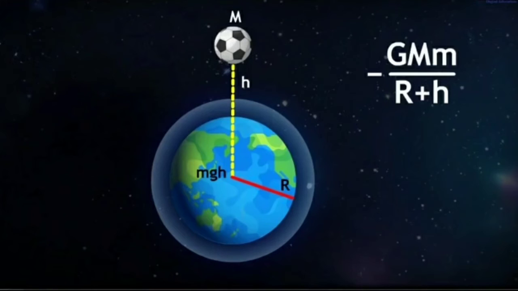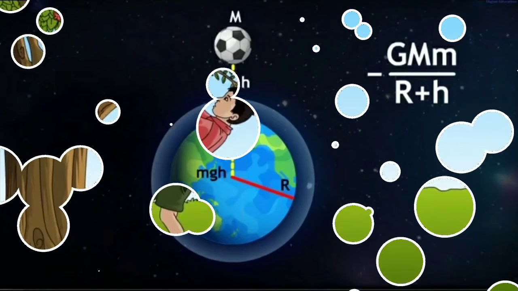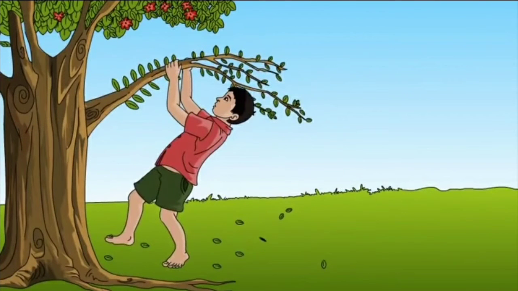Now you understood? So it is more appropriate to assume that the value of potential energy to be 0 there. Thus, for smaller distances, that is less height, the potential energy is less than 0, that is, it is negative.